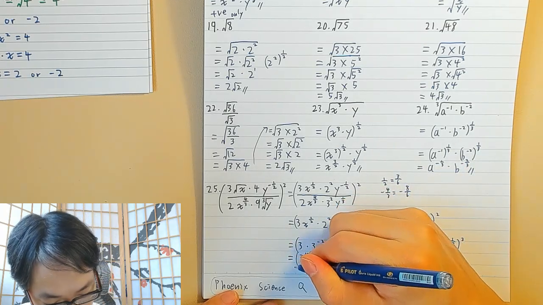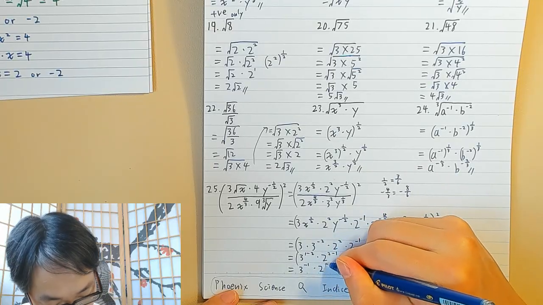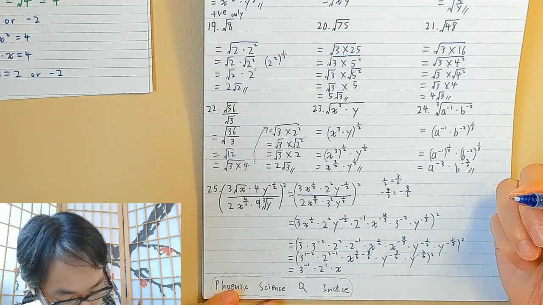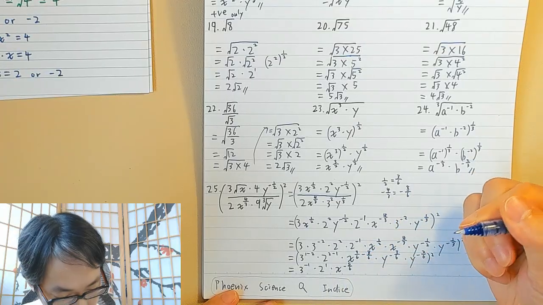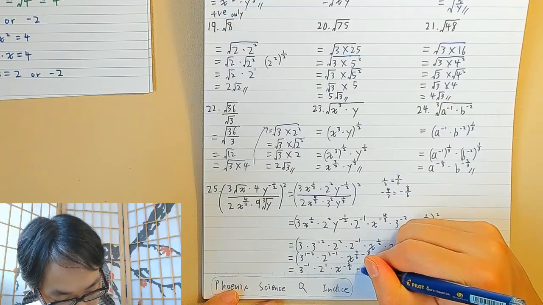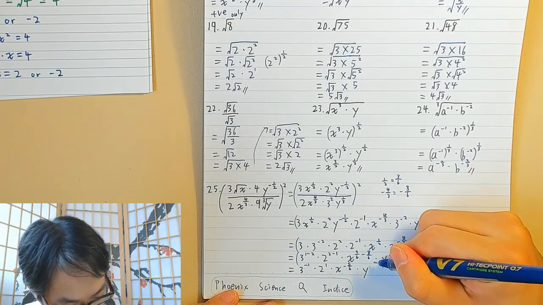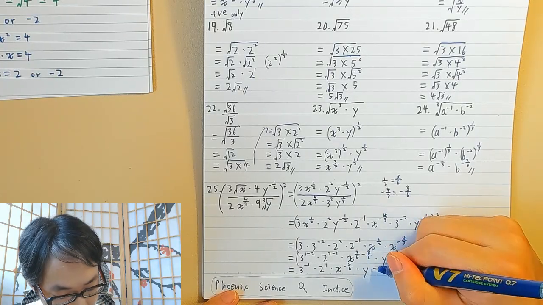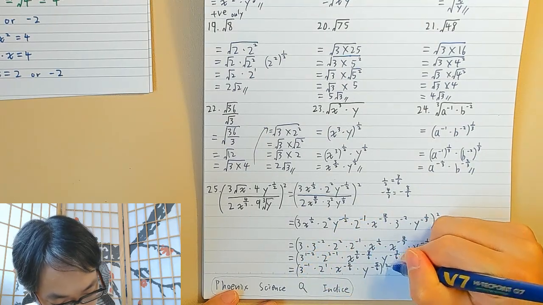Now I have 3 to the power of negative 1 times 2 to the power of 1 times x to the power of negative 5 over 6, because 3 minus 8 is negative 5. So then times y to the power of negative 3 minus 2 is negative 5, so negative 5 over 6. And the whole thing squared.